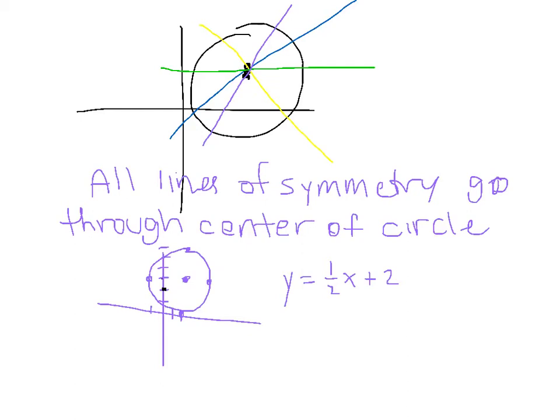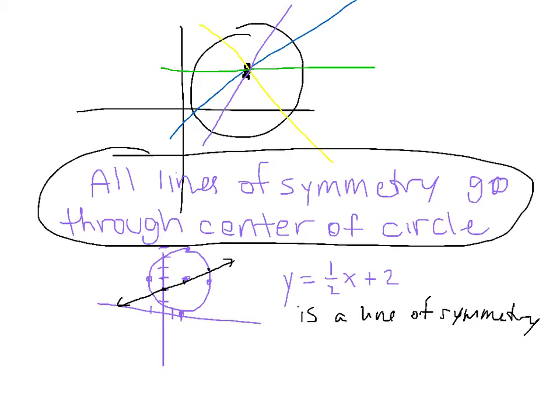Then we'd go up 1 over 2 units, up 1 over 2 units. If you look at that line, it passes through the center, so it is a line of symmetry. So you can make up different equations that'll go through the center based on your slope and your y-intercept to make sure that it's going to land through the center. If you're given a bunch of equations, then you can graph them and see if they go through that center point. But the big thing to keep in mind is that in order to be a line of symmetry for a circle, it must go through the center of the circle.